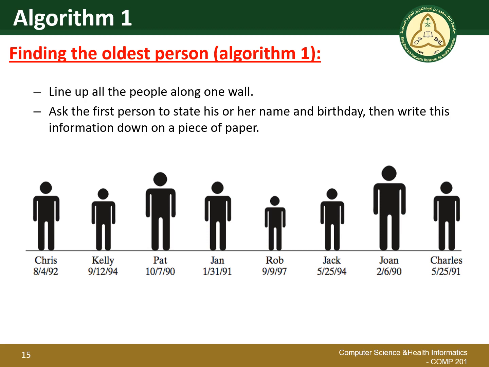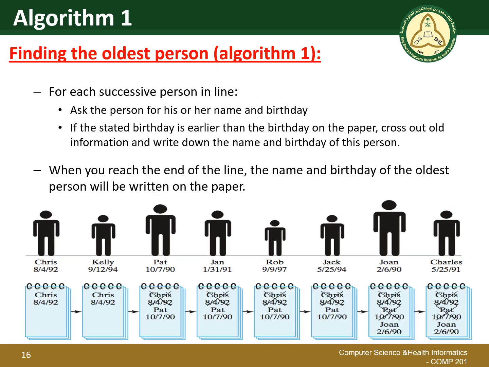نرتب هذا into steps. First, line up people along one wall or a queue. Then ask the first person to state her or his name and birthday and write the information down on a piece of paper. Step 3, for each successive person in line, يعني for next person in sequential, and for each one in the line, ask about the person for his or her name and birthday.